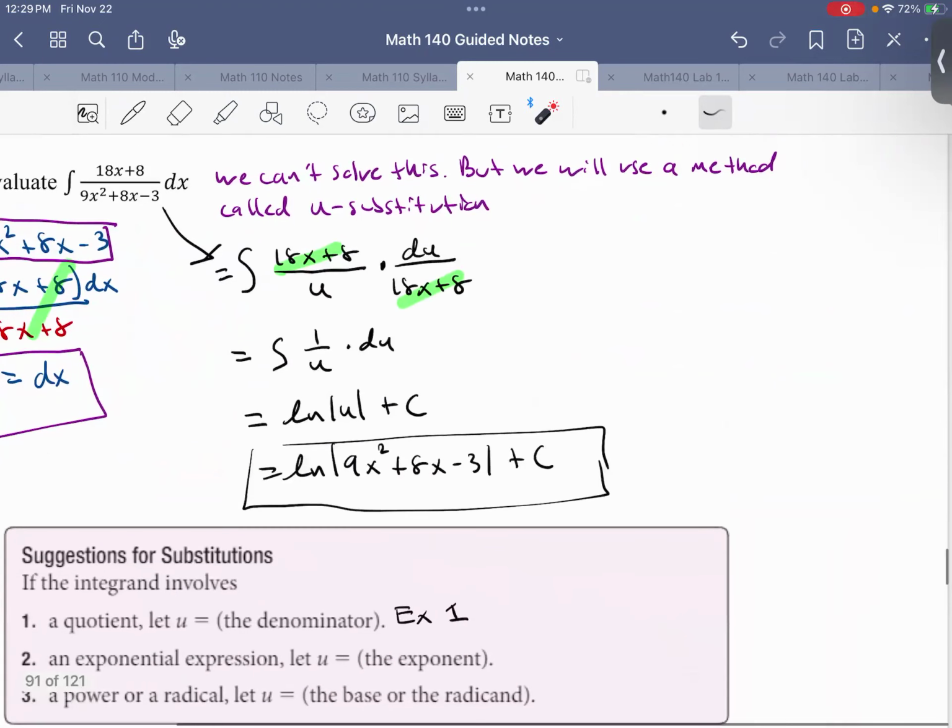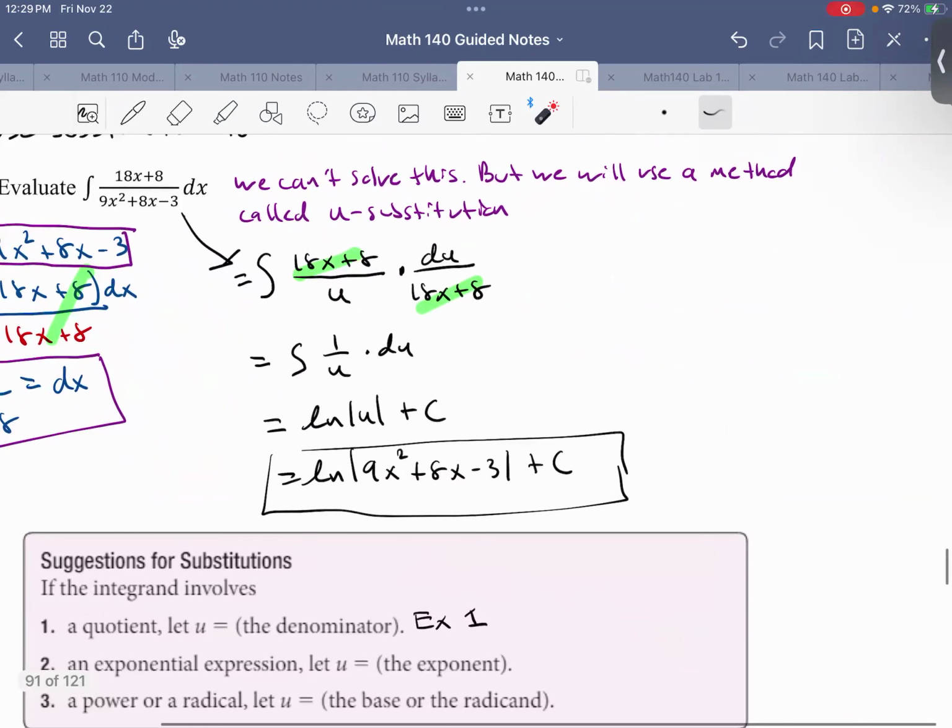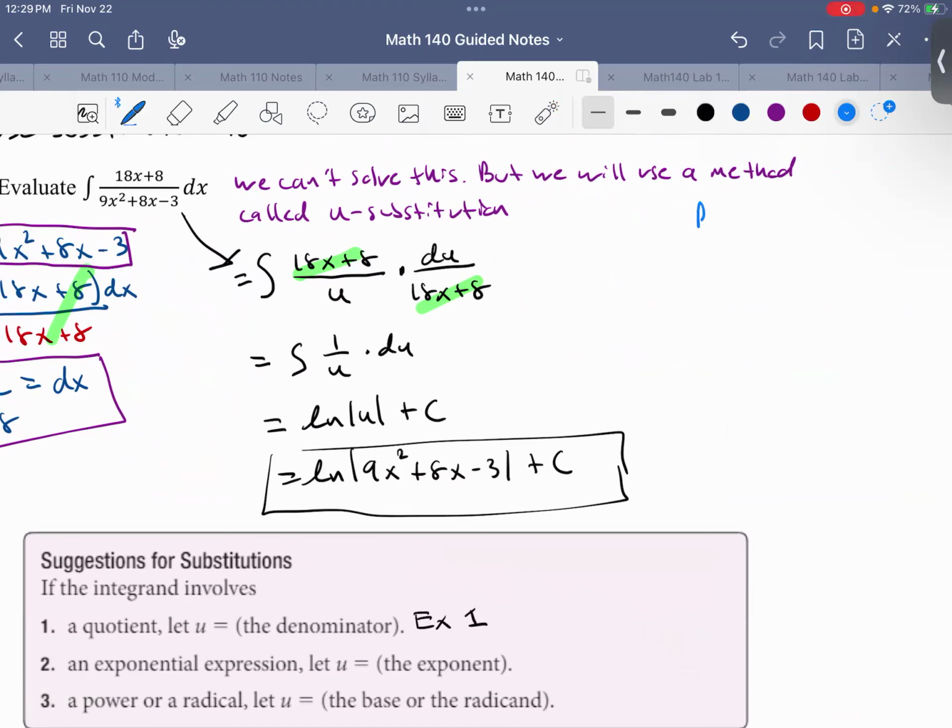But besides these suggestions, there's always a process to do substitution. So what I'll write here is process. Step 1 is always pick u.